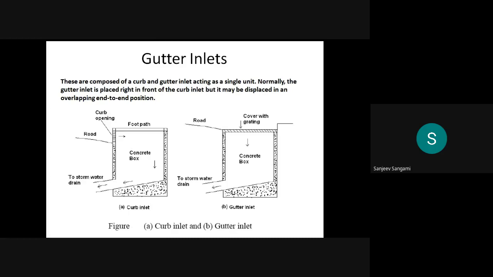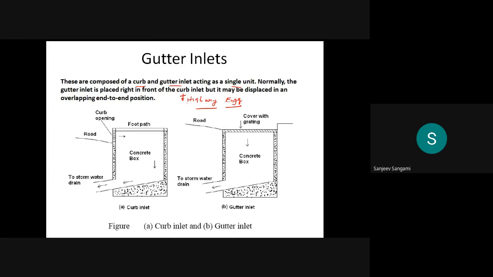The gutter inlets are composed of a curb and a gutter inlet acting as a single unit. Normally, gutter inlets are placed right in front of the curb. Curb you already know from highway engineering. The curb we can take as the side portion of your road.